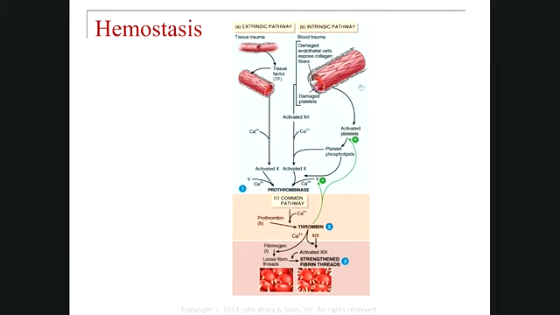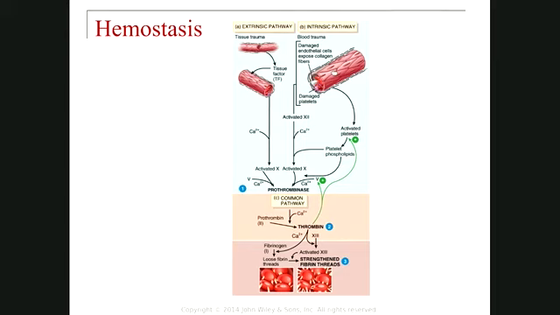If the endothelial cells which line the blood vessels become rough or damaged, the blood can come in contact with collagen fibers in the connective tissue of the blood vessels. Such contact can activate the clotting factors.